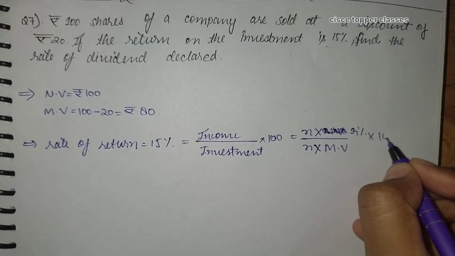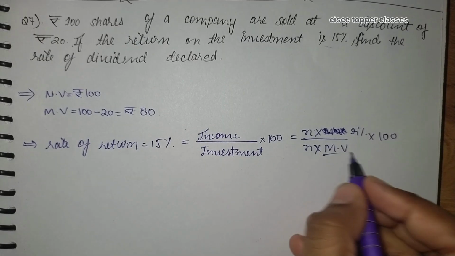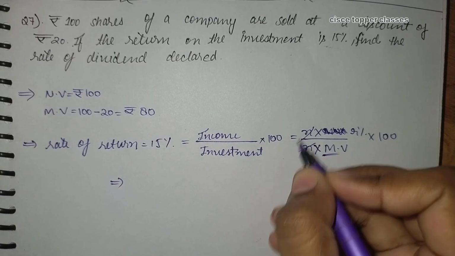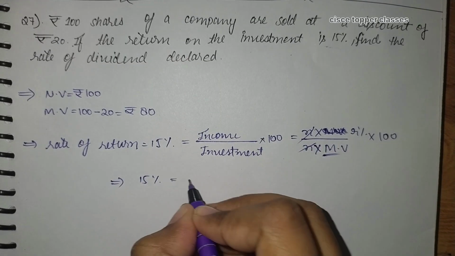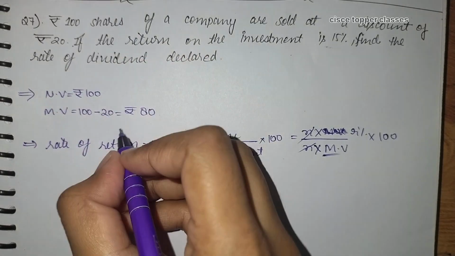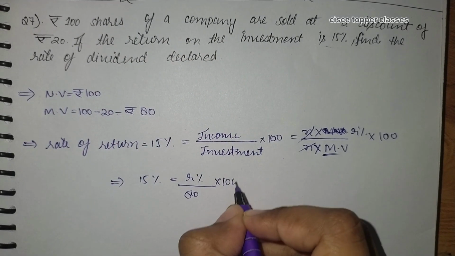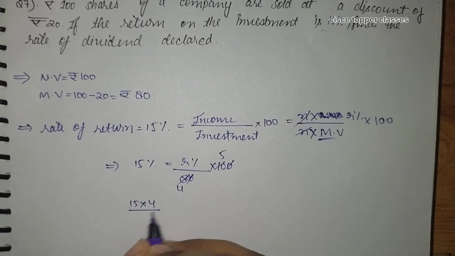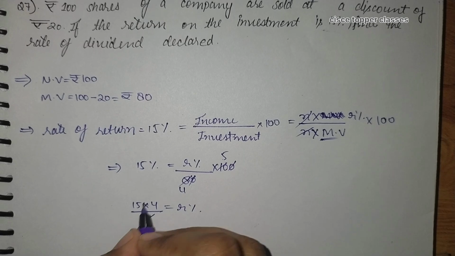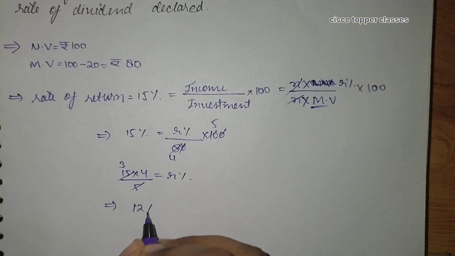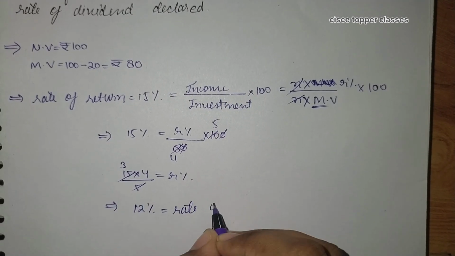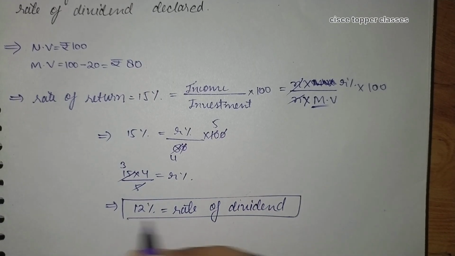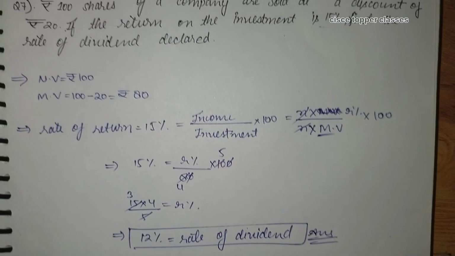So the rate of return is 15%. If we put in n, the number of shares will cancel out, and we will get 15% as r percent divided by market value, rupees 80, into 100. The 0 will be cancelled out, this will be cancelled by 5 and 4, and here we will get 15 into 4 divided by 5 equal to the rate percent. 5 3s are 15, and we will get 12% as the rate of dividend in this question. So this is the final answer, and this is the final solution of question number 27.